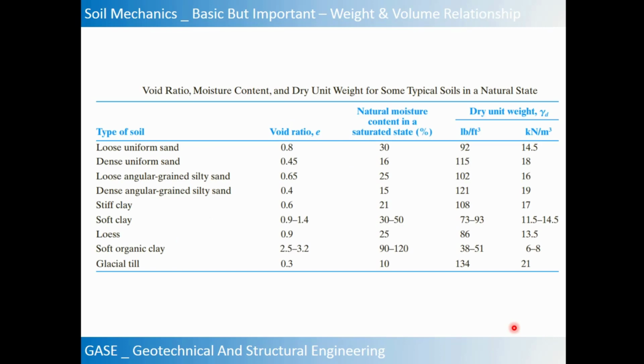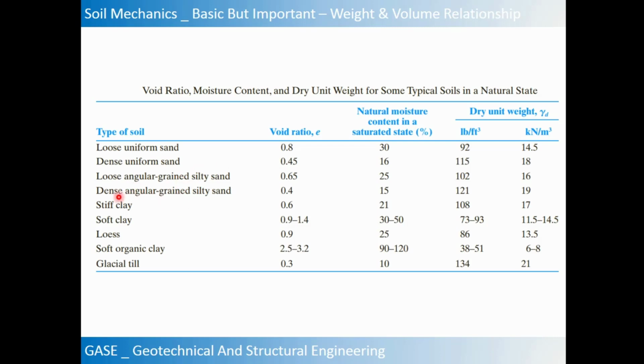So this is the table for some types of soil and their unit weight. Commonly you can refer to this, even for the void ratio and the natural moisture content in a saturated state. For example, for stiff clay, the dry unit weight is about 17. For soft clay it is about 11 to 14.